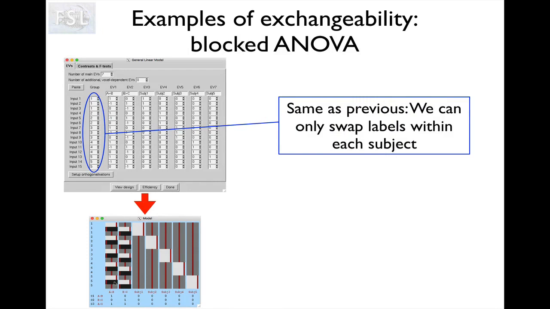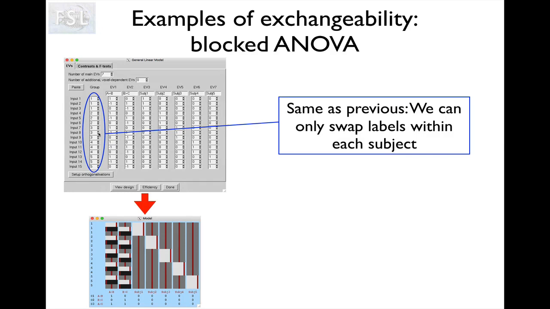The first EV is the contrast between conditions A and B, and the second EV is the contrast, the difference between conditions B and C. And then you have the block EVs for subjects 1 to 5. As before, if you look at the group variable here, we can only swap labels within each subject. So within subject 1, we can swap the labels freely. Within subject 2, we can swap the labels freely. Within subject 3, we can swap the labels freely.